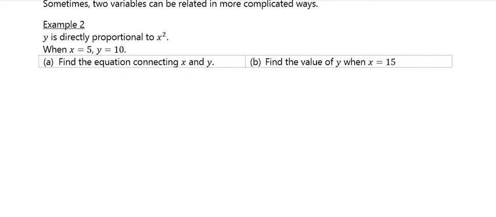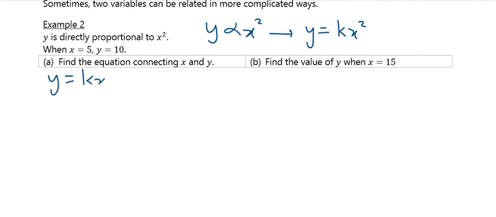You can change it straight away into y equal kx squared.